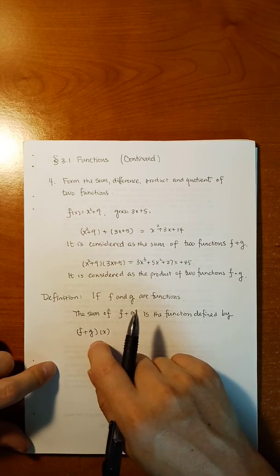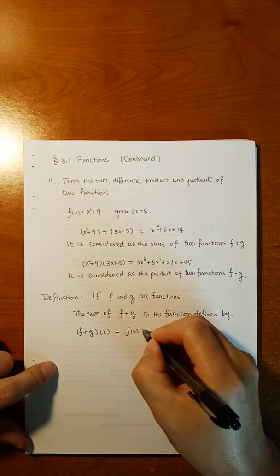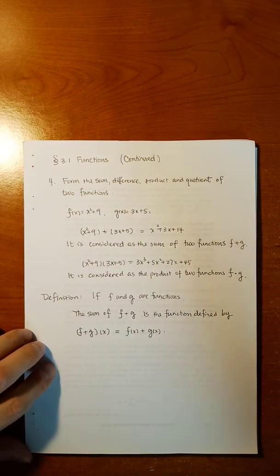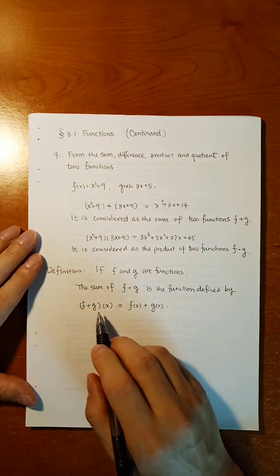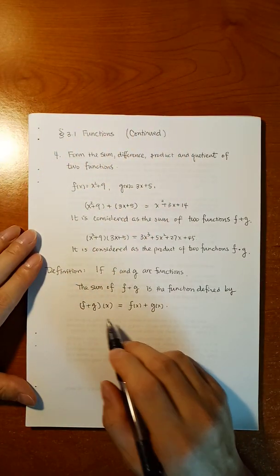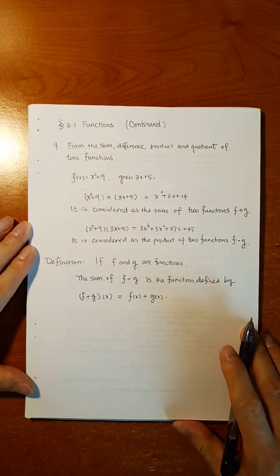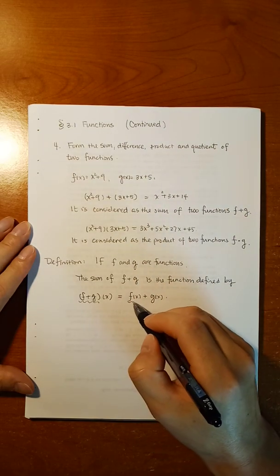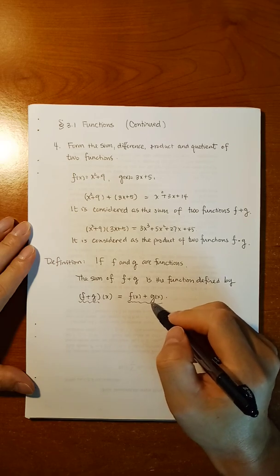The value of the new function at x is defined to be the value of f at x plus the value of g at x. Okay, so you have a name, the sum, and the name at a certain point is the sum of the two values at the same point. These two concepts are different. Here you add two functions. Here you add two values.